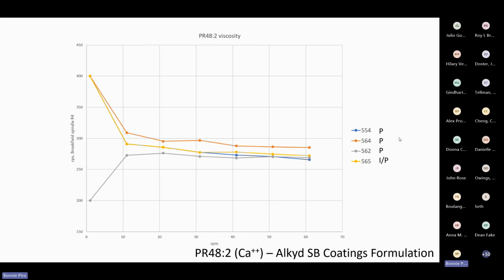I just wanted to point out that even though we saw the 562 standing alone in terms of full tone, we do see a unique difference here in the low shear viscosity of that same product standing alone. The other three products all look the same, as they did in the full tone area.